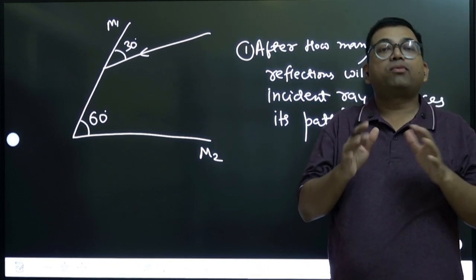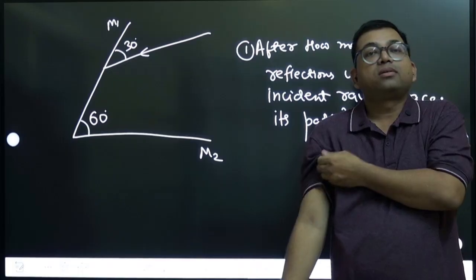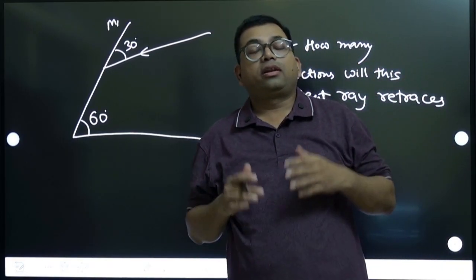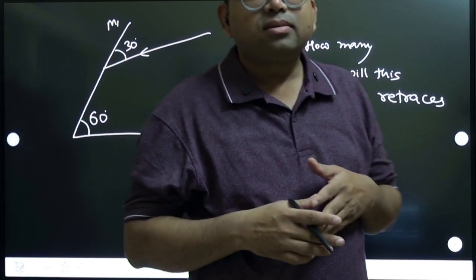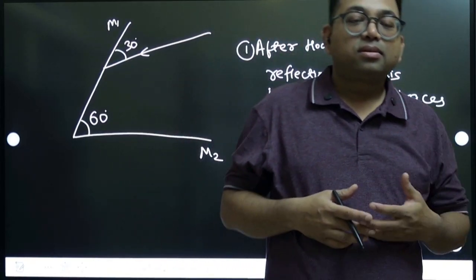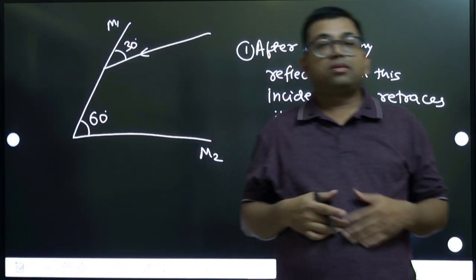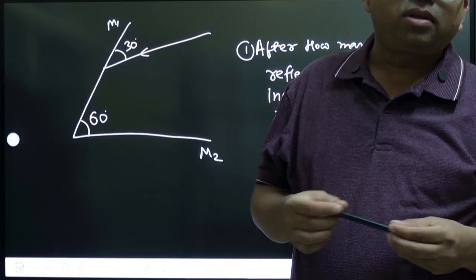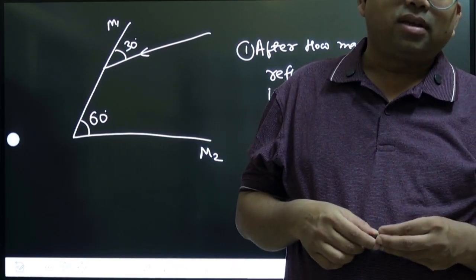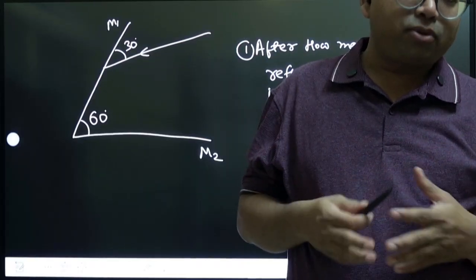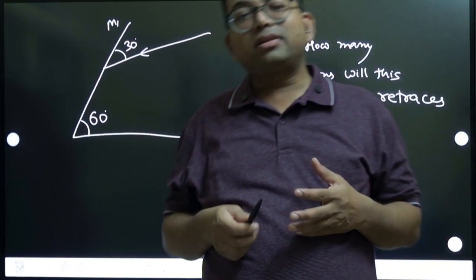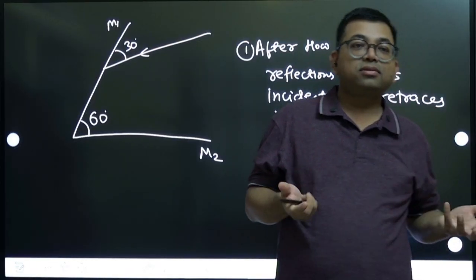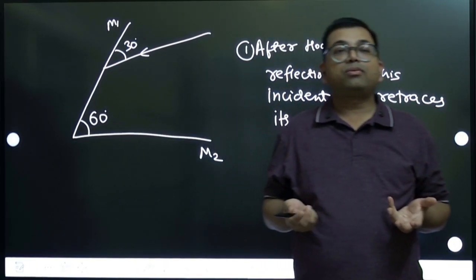Number of reflections should be 3. Okay, anyone else? Come on. How many reflections? Yes, Monish, Chhatresh, Lalit, please keep your video on, because otherwise this interaction is not going to be very fruitful.